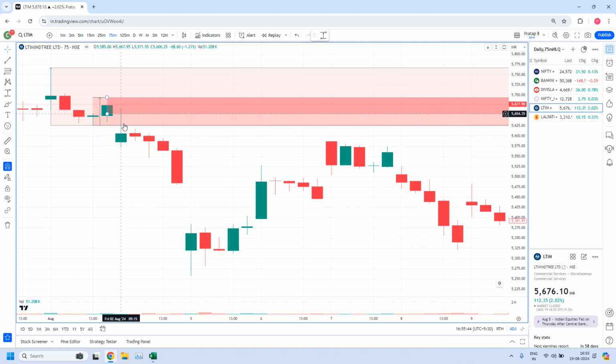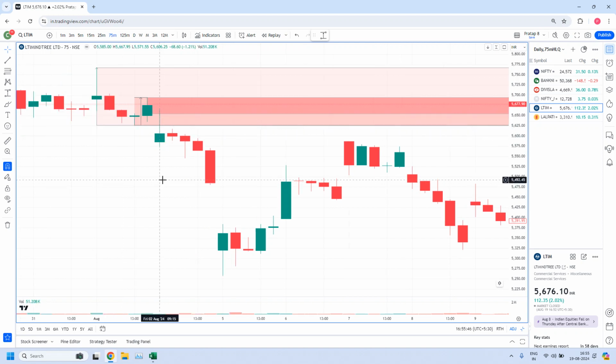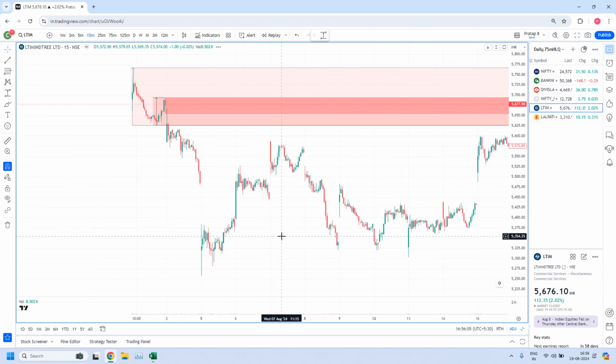So this is going to be a drop candle. As you learned in lesson 9.3 and lesson 9.4, the hidden body and hidden zone concept you learned in both the lessons. So that way we have identified it as 75 minutes. This 75 minutes again fine-tuned with a 15-minute zone.